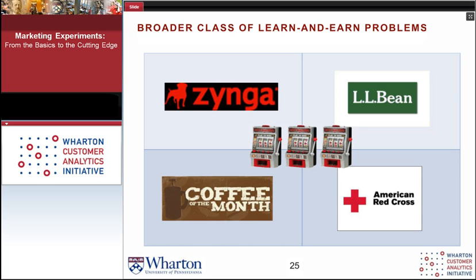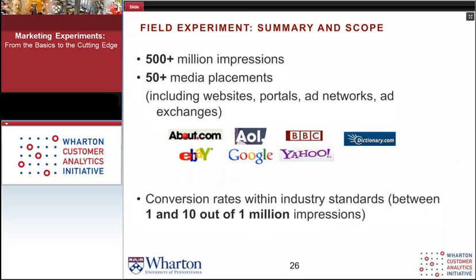And as we get into some of these rich extensions, let me dive right into an actual field experiment that I did run with a big advertiser. Going to remain anonymous for now, but let me just show you the scale of this particular online advertisement experiment.